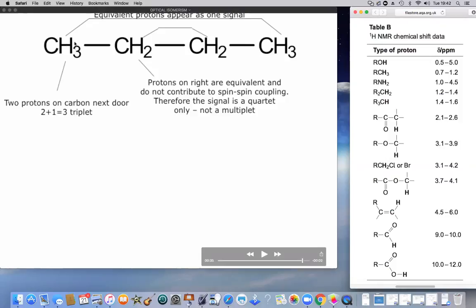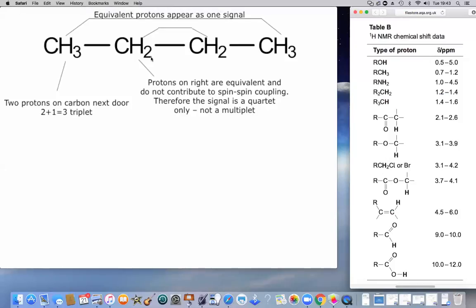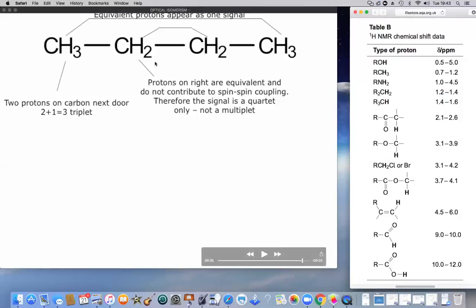We apply our n+1 rule, 3 + 1 is 4, so that will appear as a quartet, but these play no part. These 2 sets of protons appear as a single signal, so you can take one of them in isolation and that points you in the direction of what type of signal it's going to be. So they'll appear as a quartet.